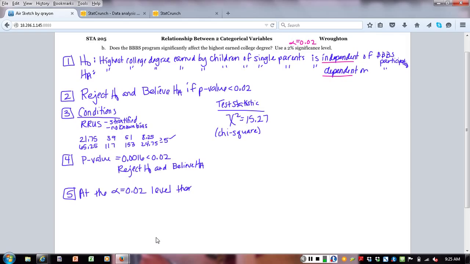Since we did reject, there is statistically significant evidence to support. And then the last thing was our alternative hypothesis, but in words. Notice it already is.